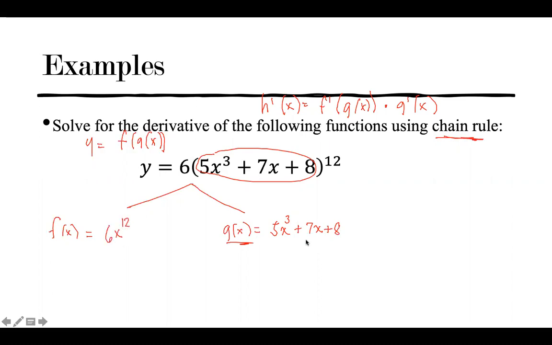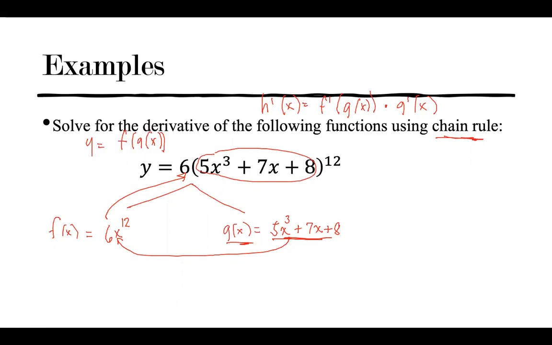Why is that so? Because if you substitute this into the x of our f, we replace it, and it will be like that. That's how we divide it back into its original two functions.